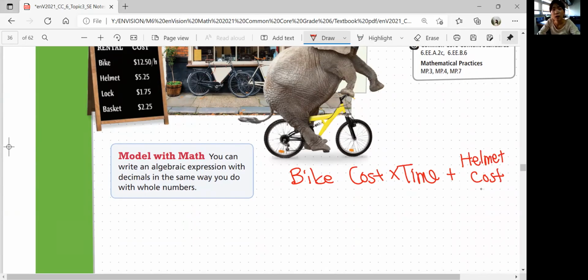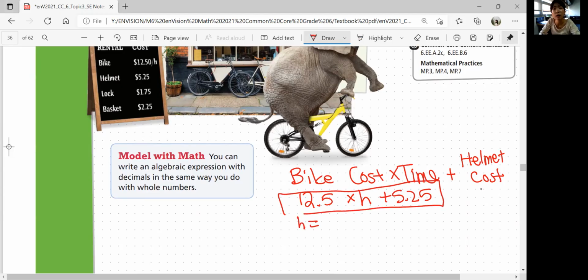The bike is $12.5 per hour, times the number of hours, H, plus 5.25 for the helmet. If he rode 3 hours, that means H is 3 for 3 hours of bike riding and renting the helmet.